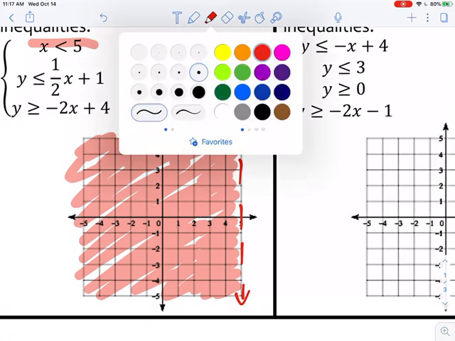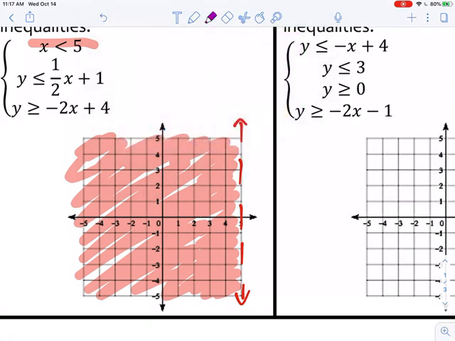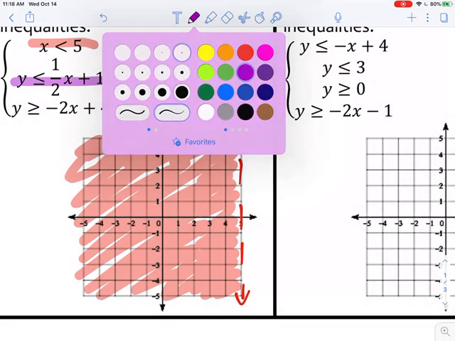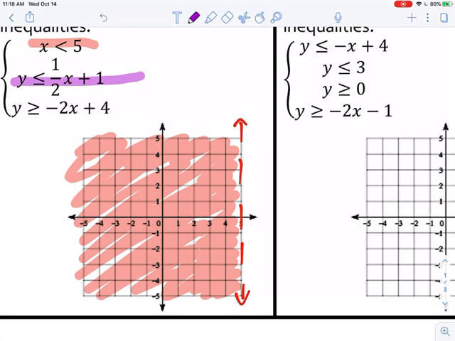All right, now let's look at the next one. We can kind of start narrowing down our selection. So that one we're going to do in purple. So starting at 1, we are going to go up 1, right 2, up 1, right 2. We'll go the other way, down 1, left 2, down 1, left 2. This will be a solid line because it is or equal to.